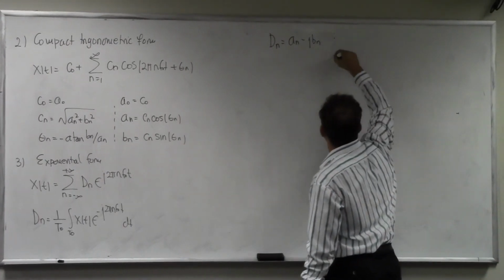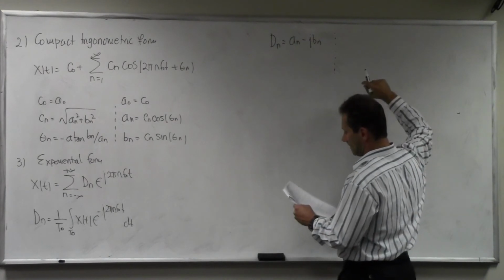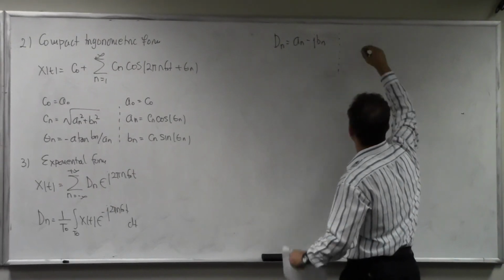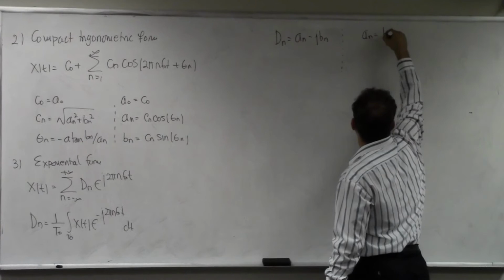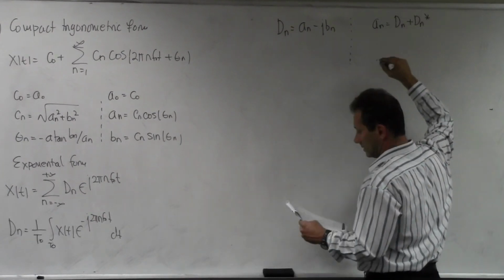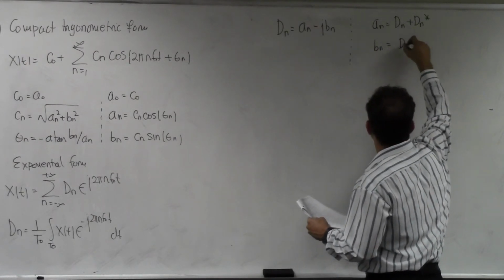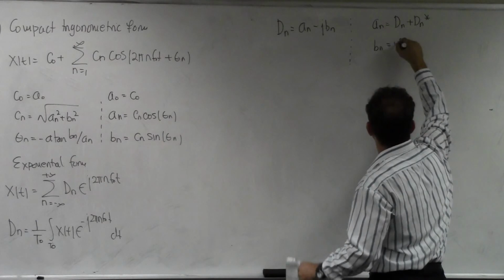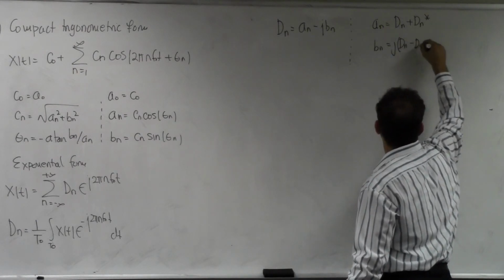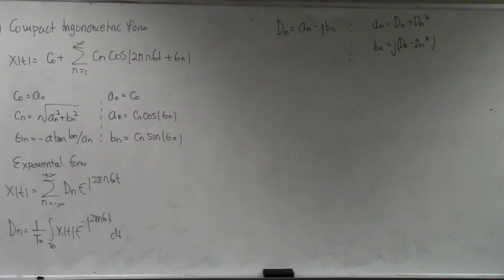And if you know d's and you want to calculate a's and b's, then an is equal to dn plus dn complex conjugate, and bn is equal to j times dn minus dn complex conjugate. So that's how you go back and forth between the third form and the first form.